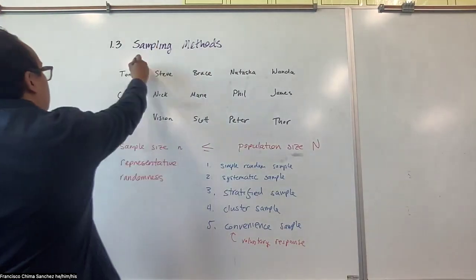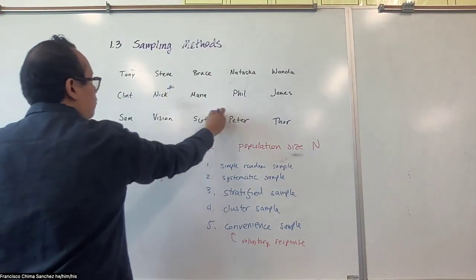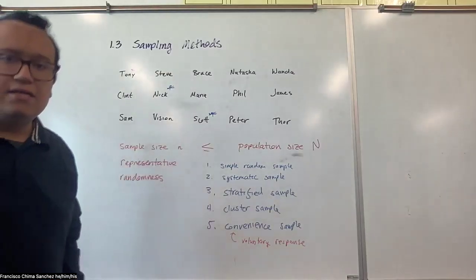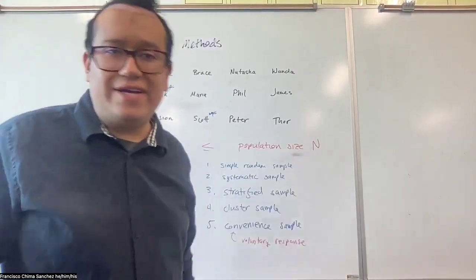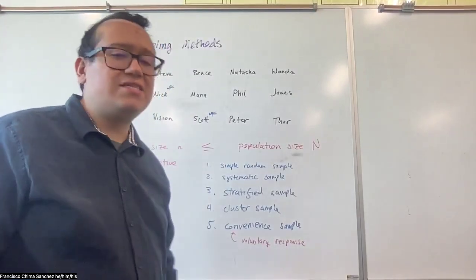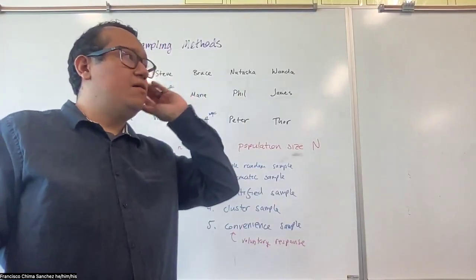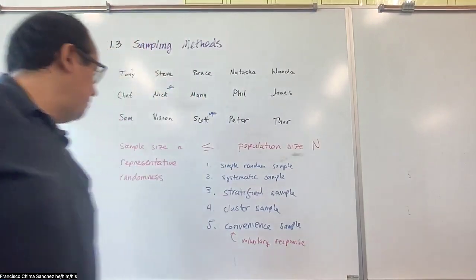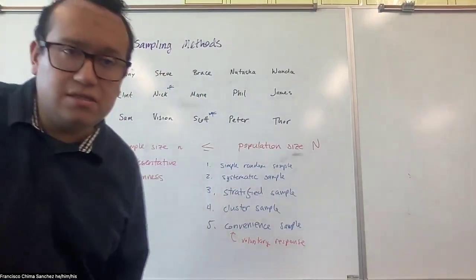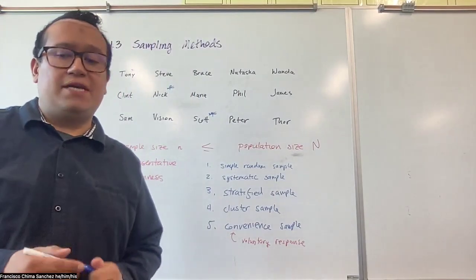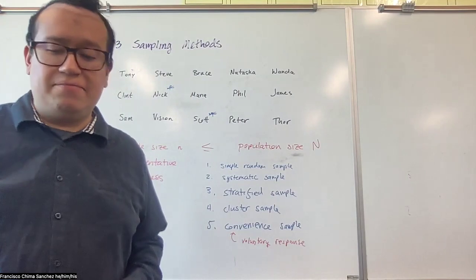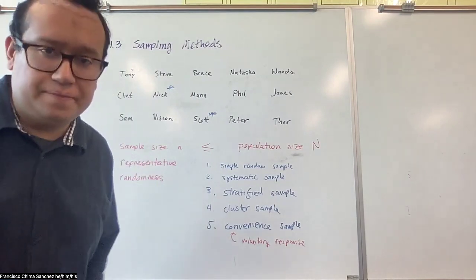Okay, 1, 2, 3, done. A convenience sample is always done without any consideration to representativeness or whether it is random, because it's generally not. It could be, but because it's a convenience sample, you're doing it basically as lazily as possible.